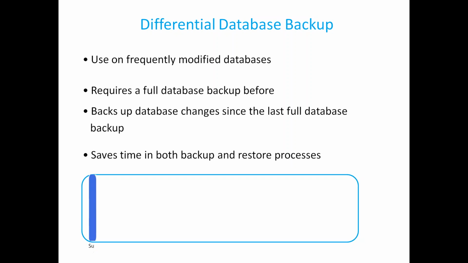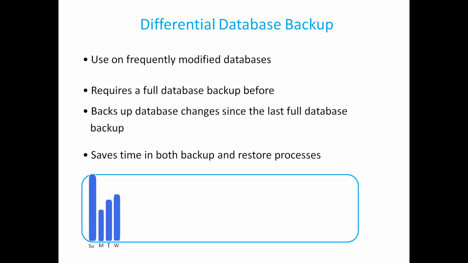So here on Sunday, I would be taking a full backup, and on Monday, I would be taking the first differential backup. So this first differential backup will contain the changes from Sunday to Monday. In the same way, when I take the second differential backup on Tuesday, the Tuesday differential backup will contain the changes from Sunday till Tuesday.